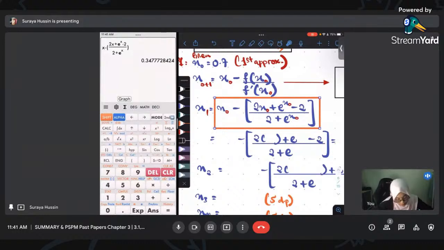Miss tak letak 0.7 lah Miss dalam ni. Yeah, I'm about to write it. 0.7 is over here. How do I know it's 0.7? Sebab saya yang given. I am given the first approximation x0. Our x0 should be 0.7. So all you have to do, masukkan ke dalam x0 kamu. Okay, masukkan 0.7 ke dalam x0.